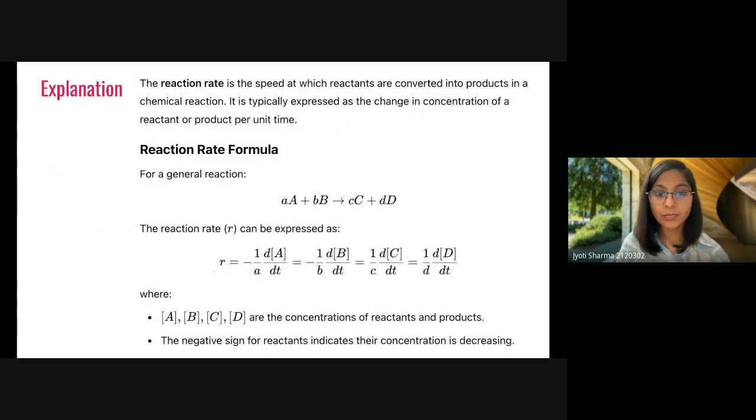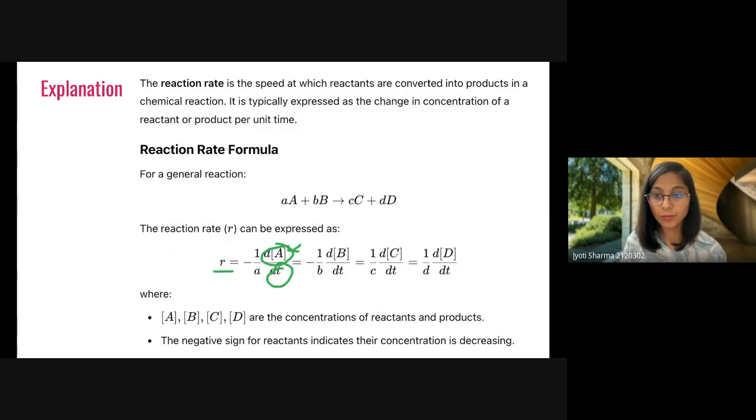Okay, so your reaction rate is the concentration divided by time. This concentration of your reactant is nothing but the molarity, and molarity is the number of moles per liter.